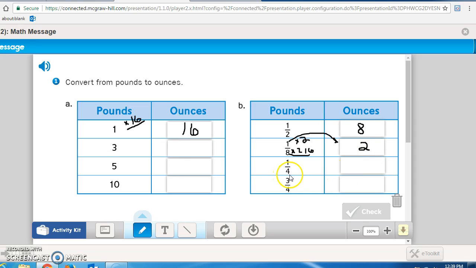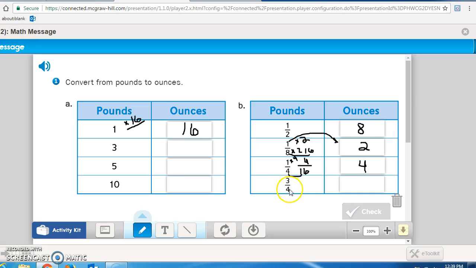Again, if I'm doing 1/4, I'm converting it to 16 ounces. So again, how does 4 become 16? Times 4. So whatever I do to the denominator, I do to the numerator. So 1 times 4 is 4. So how many ounces do I have? I have 4 out of 16. So 1/4 of a pound is 4 ounces.